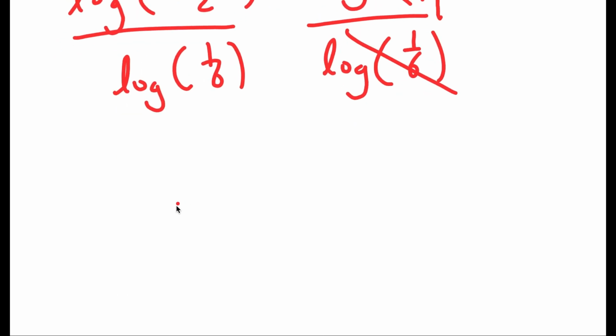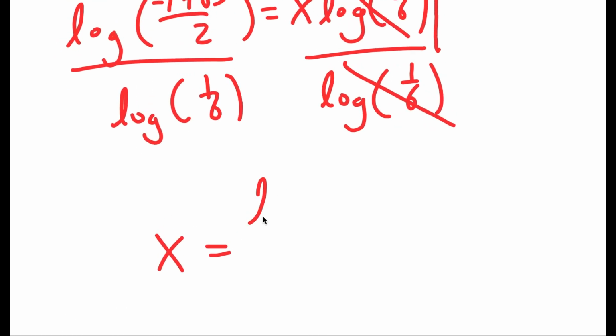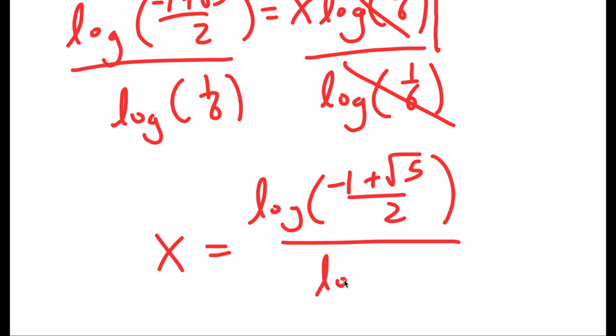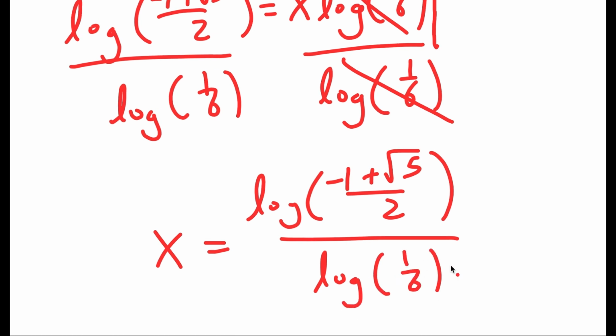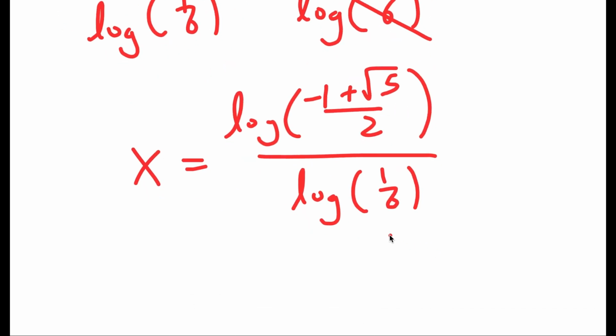So these two cancel out, and I get x is equal to log of negative 1 plus the square root of 5 over 2 over log of 1 over 6. So to actually solve this, well, we have our solution right here.